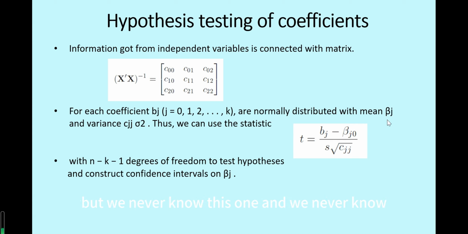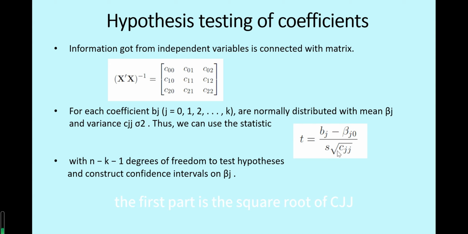But we never know this one, and we never know the variance of the epsilon, sigma square. So what we can do is only use the test statistic called t, which is the point value bj minus the value we want to test, divided by the product of two parts.